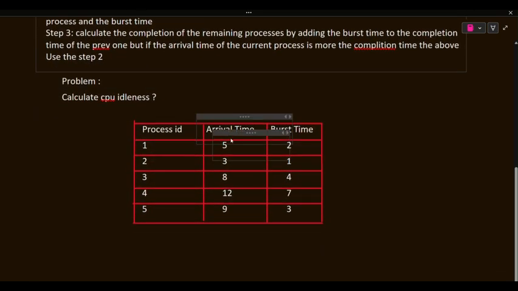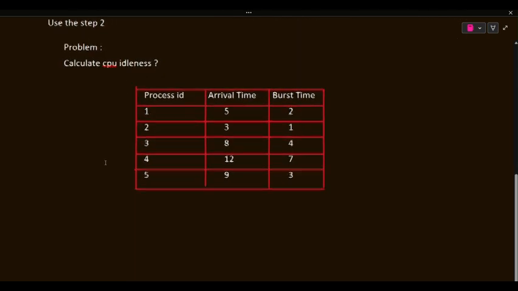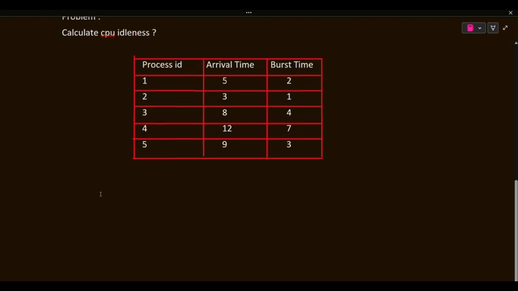Let's see this problem and solve it using FCFS and calculate the CPU idleness. First of all, we use a Gantt chart. A Gantt chart is nothing but a permutation of the processes.